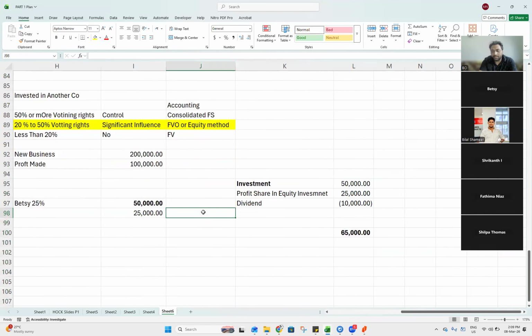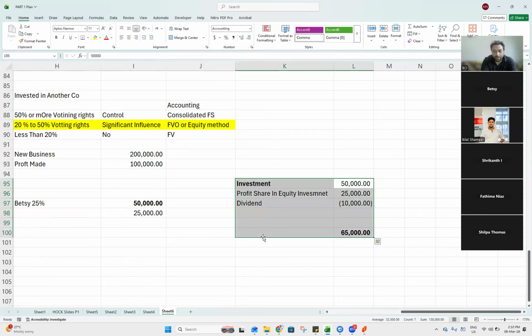So normally, if you are recording a dividend, where do you record it, in the P&L or the balance sheet? Dividend received you show on the P&L, correct? But here we will be adjusting in the asset account. If you're following the equity method of accounting, then the profit share of investment you already recorded, 25,000, in your P&L. And again, if you were to take the dividend there, the total profit would be 35,000.